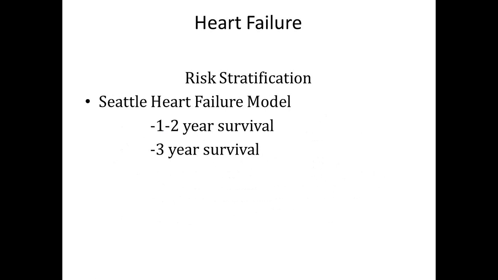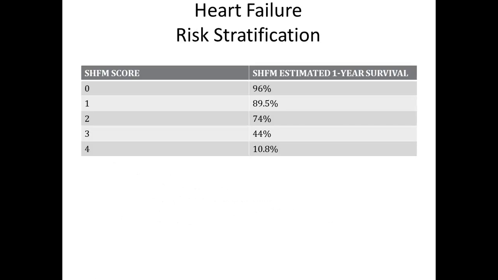I mean, you can download the Seattle heart failure model, and at a lot of institutions the physician will download it and have it on the phone, and you just plug the numbers in. So with the Seattle heart failure model score, say a score of 0 means estimated 1 year survival of 96%.